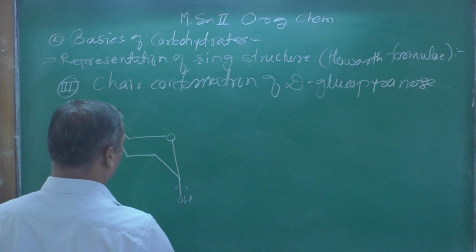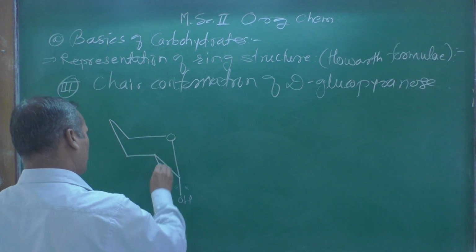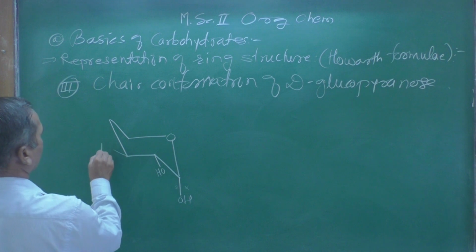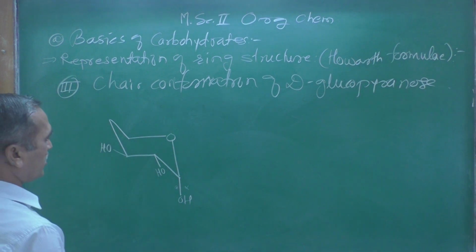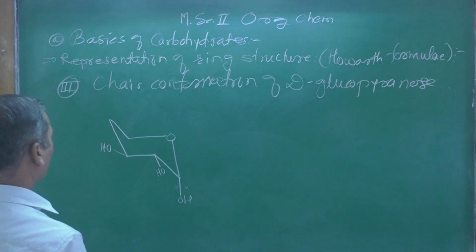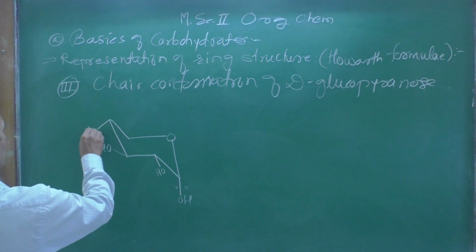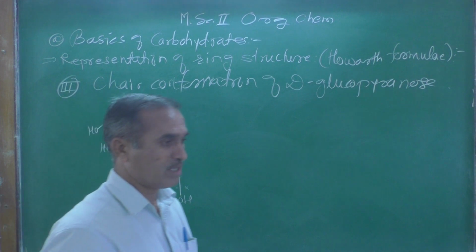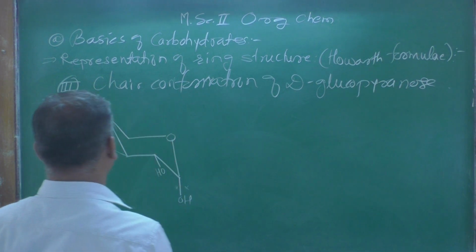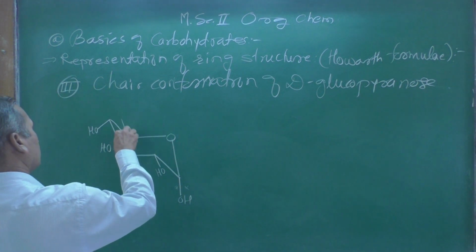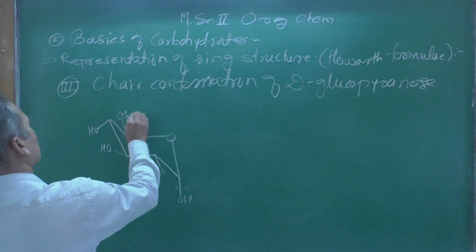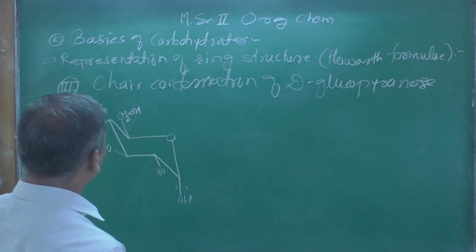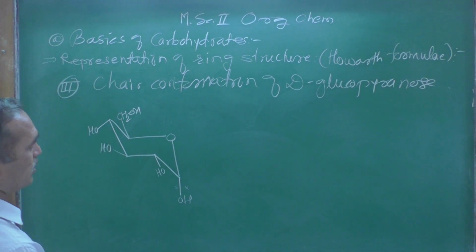The rest of the hydroxy groups are present at equatorial positions, because equatorial conformations are more stable than axial positions. So this is the representation of the chair conformation of D-glucose.